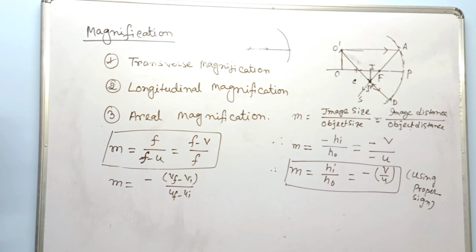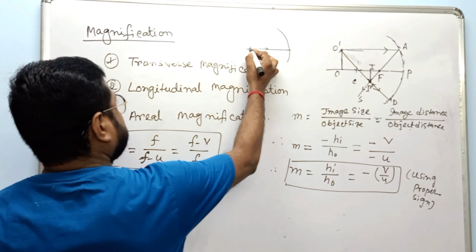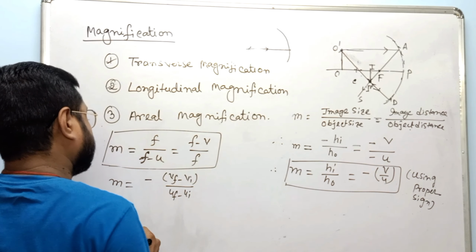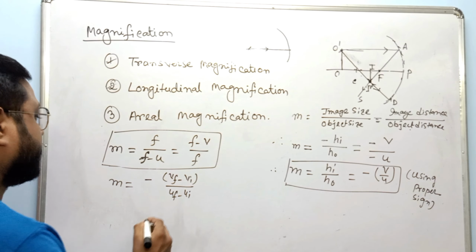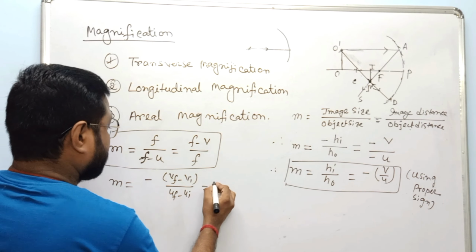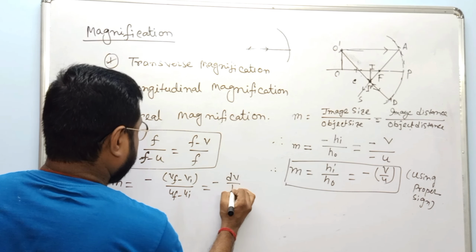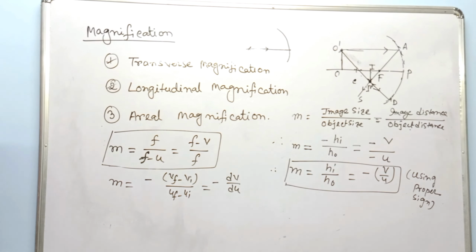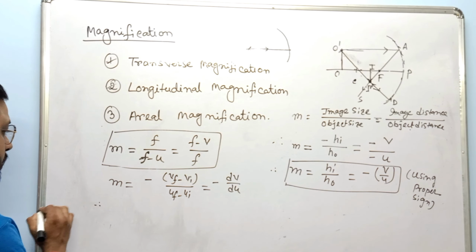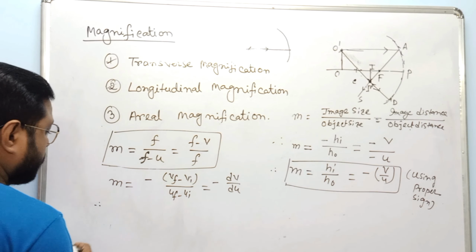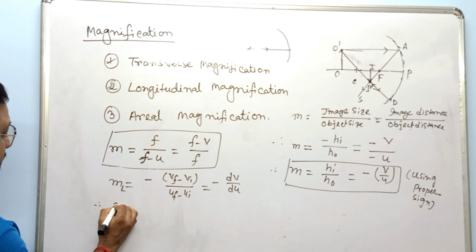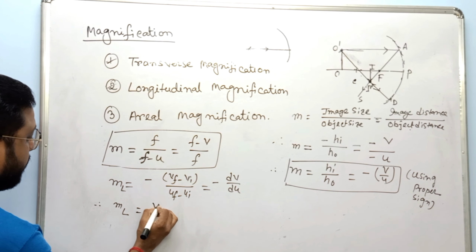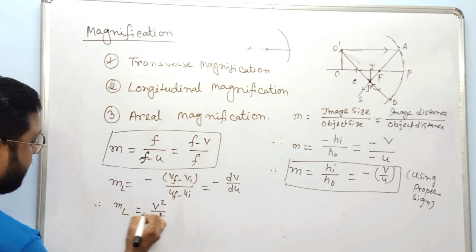VF minus VI is the length of the image along the principal axis, and the length of the object is UF minus UI. If the object is very small, then it is known as minus dV by dU. So dV by dU must be equal to, if this is the longitudinal magnification ML, ML must be equal to v square by u square.